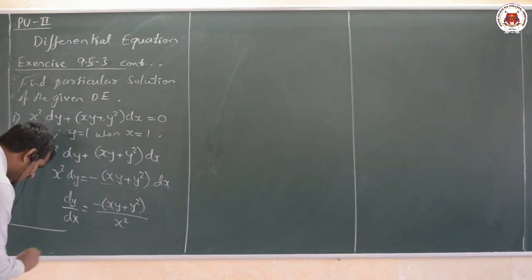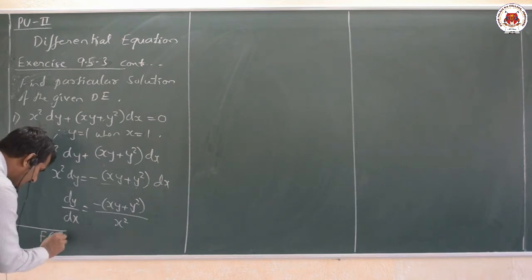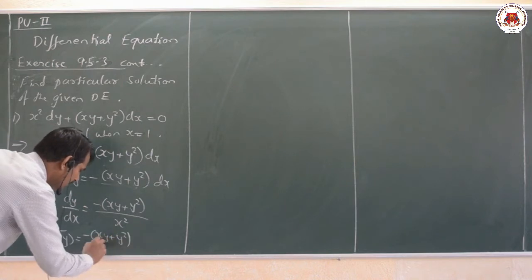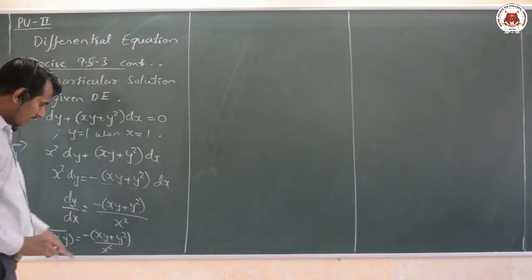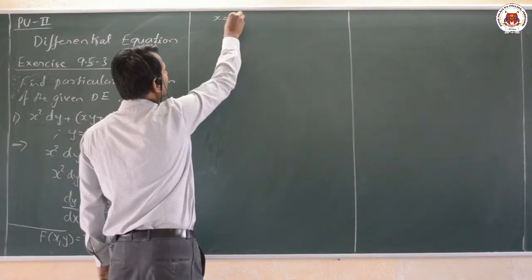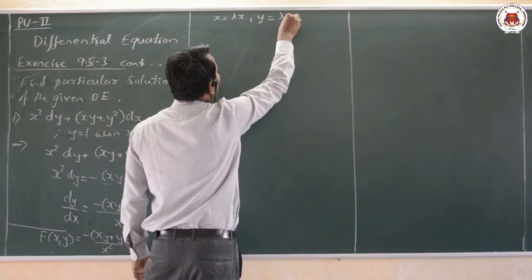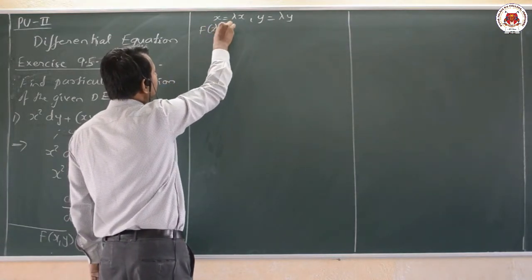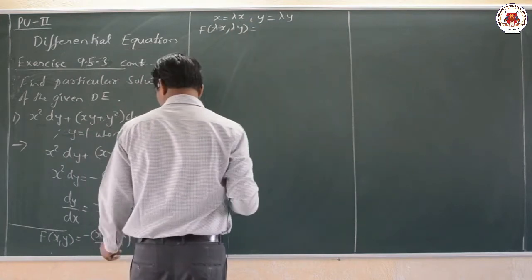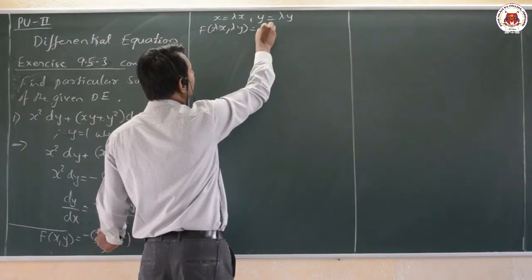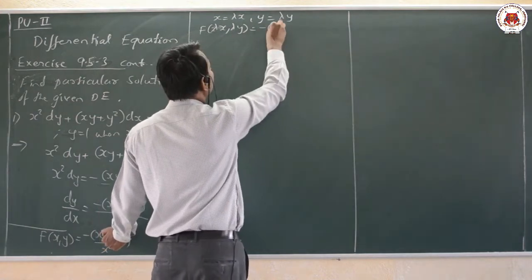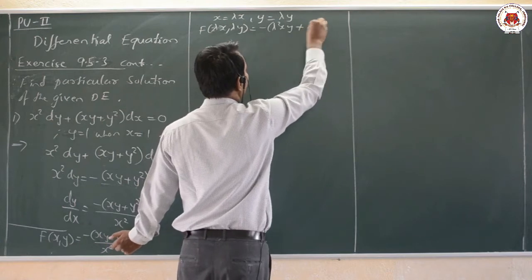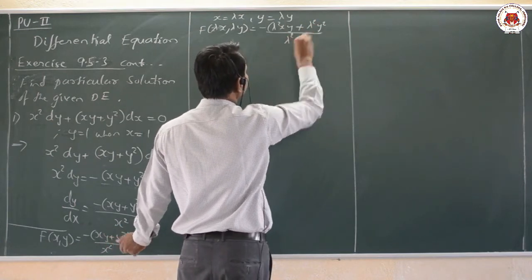Okay, we shall check if it is homogeneous, that is let us take f of x comma y equal to the given question, that is minus of xy plus y square whole divided by x square. Now here you put x equal to lambda x and y is equal to lambda y, you substitute, dear students. So what we get here, f of lambda x lambda y is equal to minus of lambda square xy plus lambda square y square whole divided by lambda square x square.